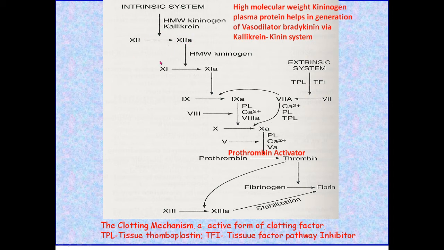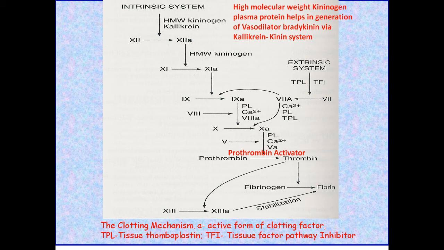This 12A then activates the 11 into the 11A, then 11A activates the inactive 9 into the active 9, then active 9 acts on the inactive 8 to form the active 8A, and that 8A activates the inactive factor 10 into the active 10A. Then active 10A, the phospholipids, calcium ion and the active factor 5A, all combine together to form the prothrombin activator.